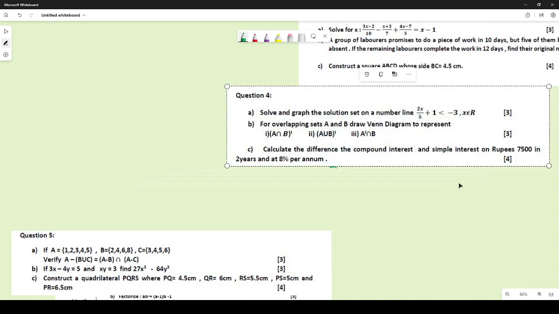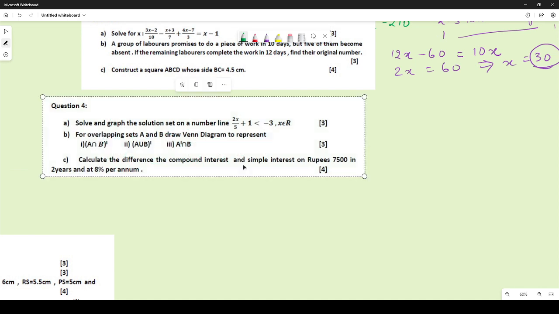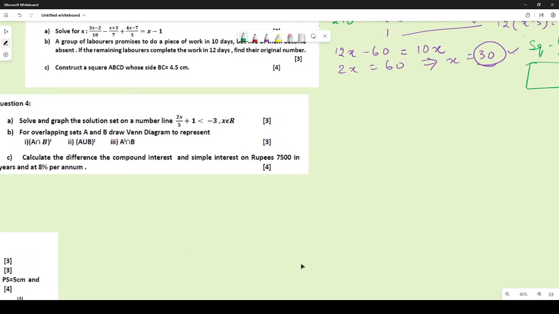For the next question that we have over here is, for overlapping sets A and B, draw Venn diagram to represent. Now let us have overlapping sets A and B. This is A, this is B. A intersection B complement.